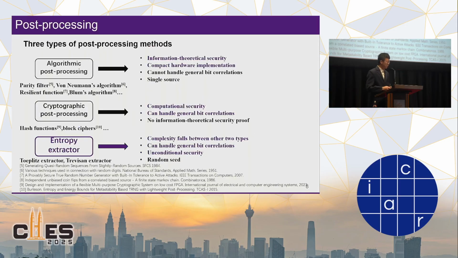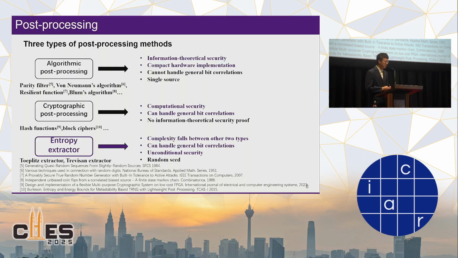These are the properties of 3 types of post-processing methods. The algorithmic post-processing has compact hardware implementation with information theoretical security, but it cannot handle general bit collisions. The cryptographic post-processing can handle general collisions with computational security, but it has no information theoretical security proof.